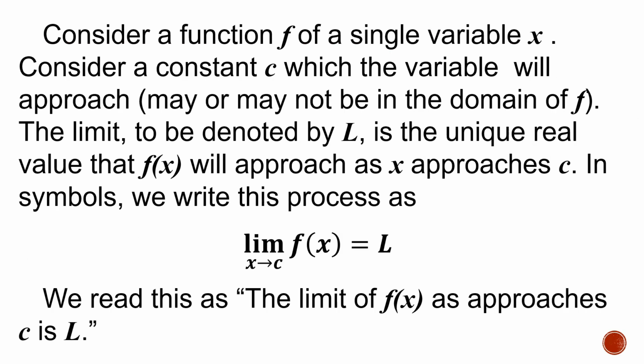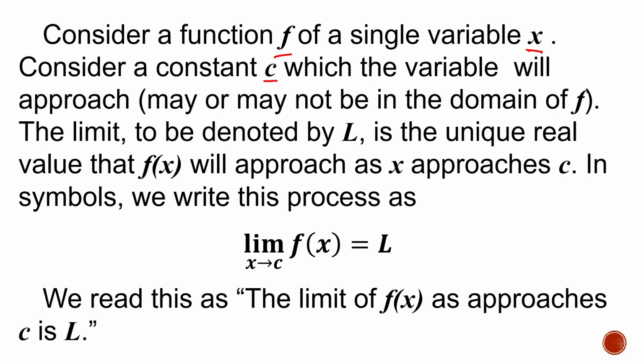Now, let's go to the definition of limit of a function. Consider a function f of a single variable x. Now consider a constant c which the variable will approach. Now that c may or may not be part of the domain of f.